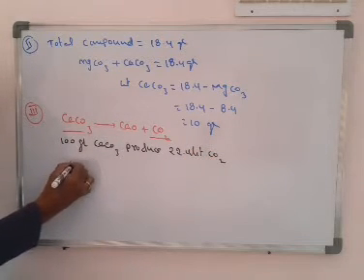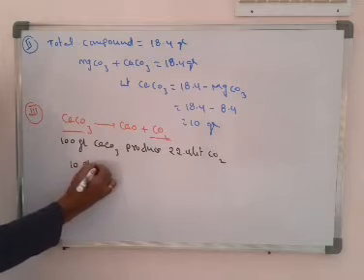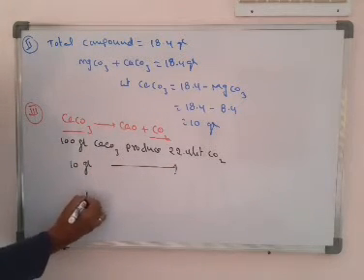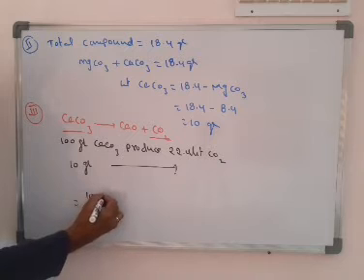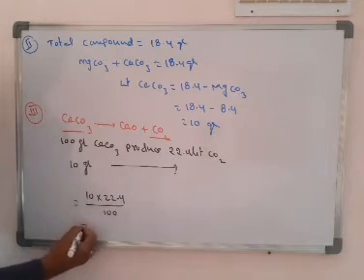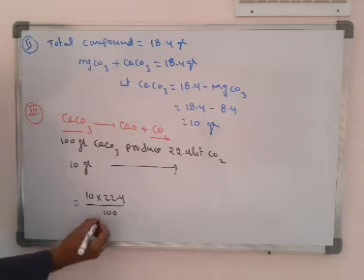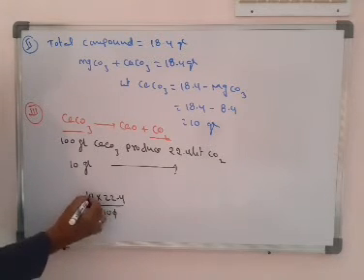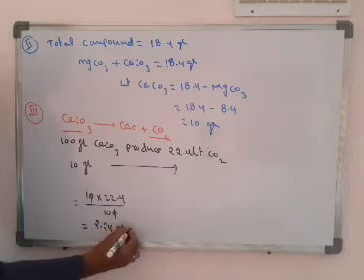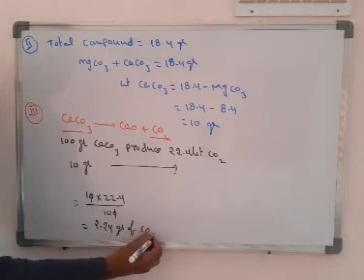Then how much calcium carbonate do we have? Just 10 grams. So 10 grams releases how much? Exactly divided by 10 again. So you will get 2.24 liters of CO2.